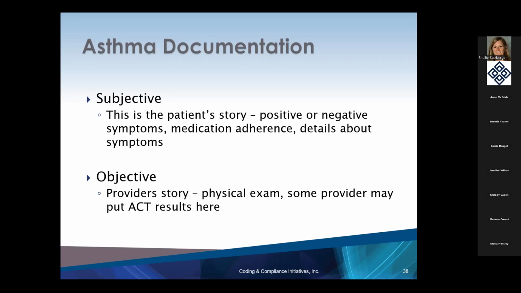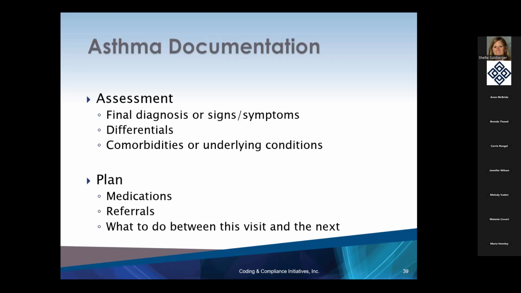And then the objective, this is where my provider is going to do their exam. Also, this may be where they put any kind of scores, so the ACT, etc. And then what's my final diagnosis? If I don't have one, I'm going to use my signs and symptoms and include some differential diagnosis.